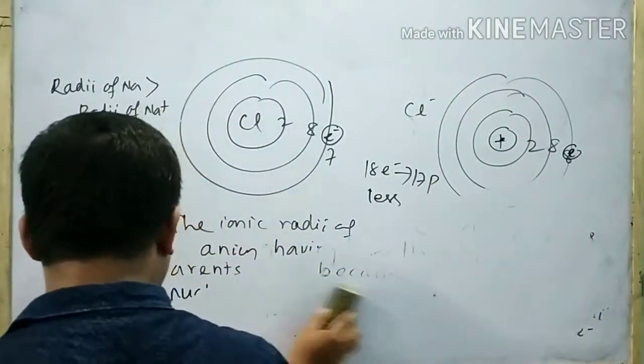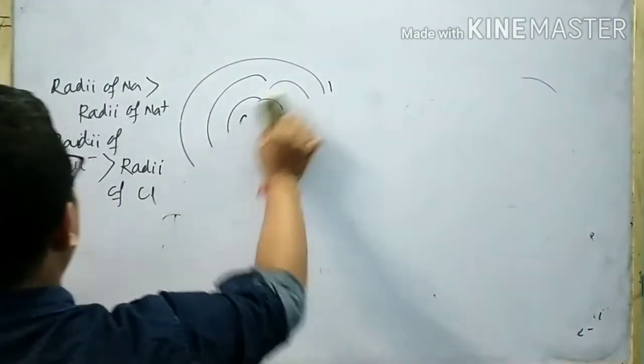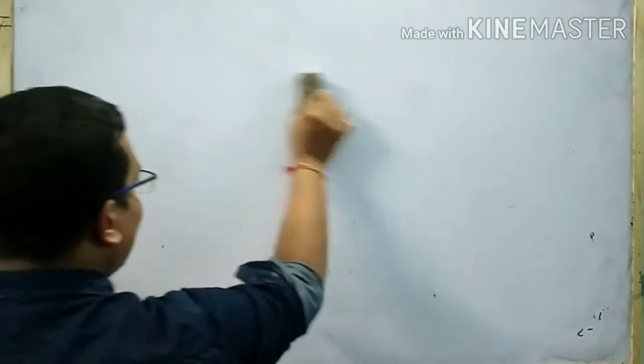Now I want to explain the variation of ionic radii along a group. Variation of ionic radii along a group.